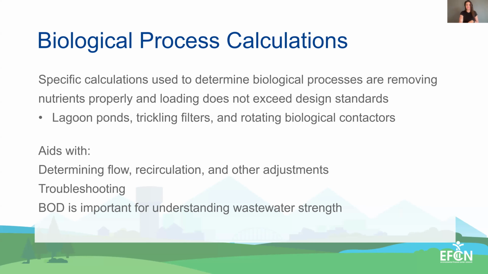One of our most important concepts, which we're going to use through the rest of the training, is BOD, our biochemical oxygen demand. It's important for understanding the wastewater strength and how much organic loading our different biological and secondary processes are able to handle and efficiently treat.